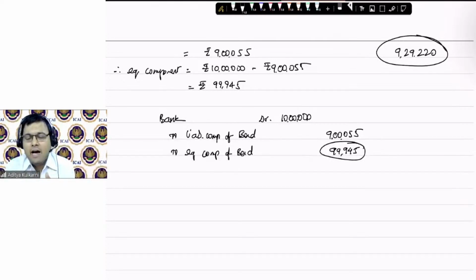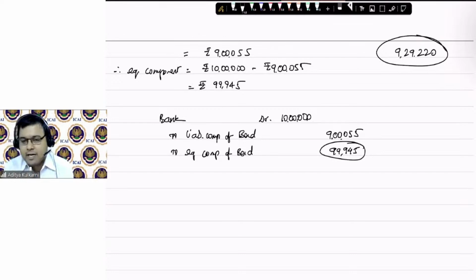I will have to determine the fair value of this bond. Ideally, recognition should be at fair value.